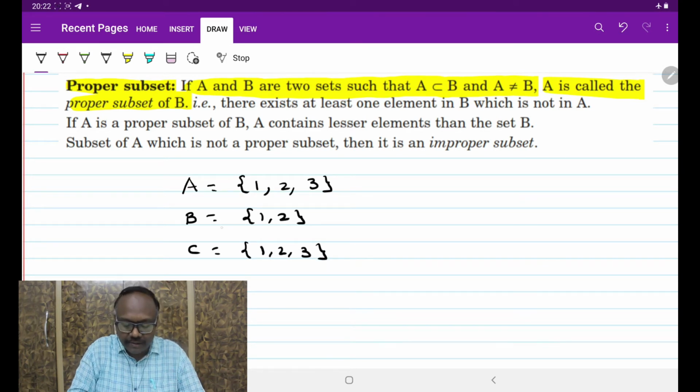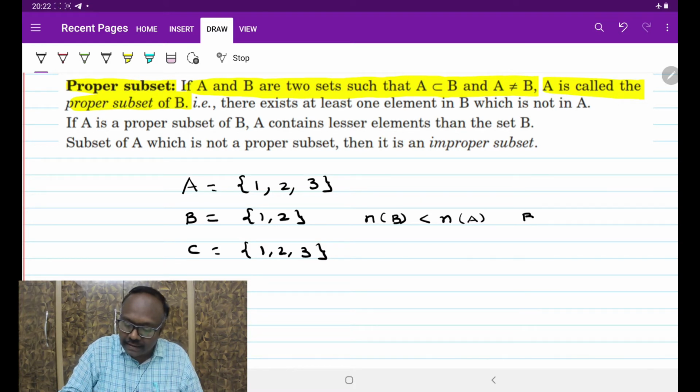Here if you observe, all the elements of set B are in set A, so B is a subset of A. Also the number of elements in set B is less than the number of elements in set A. Therefore we say that B is a proper subset of A.